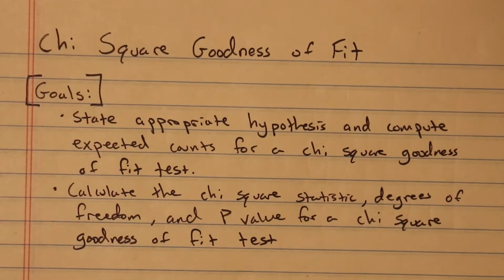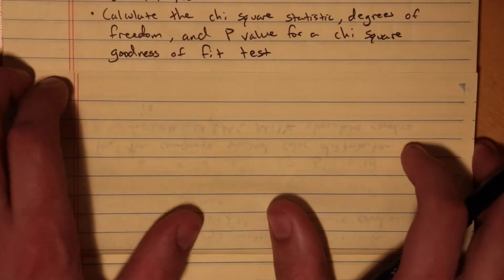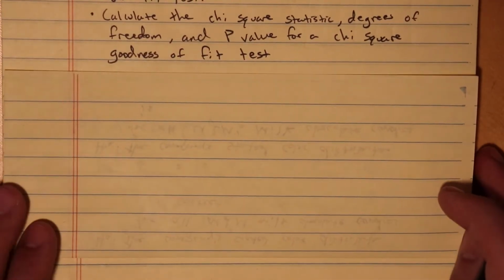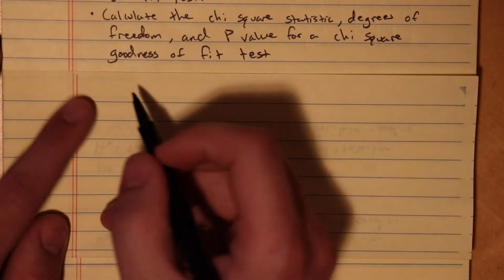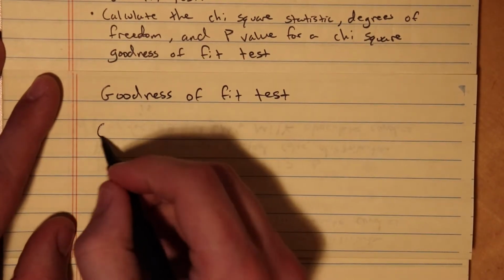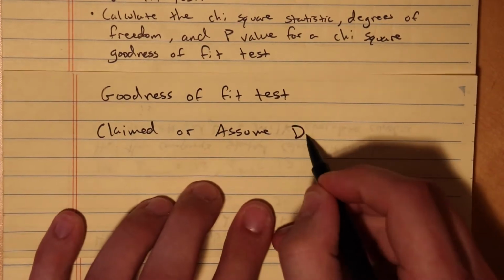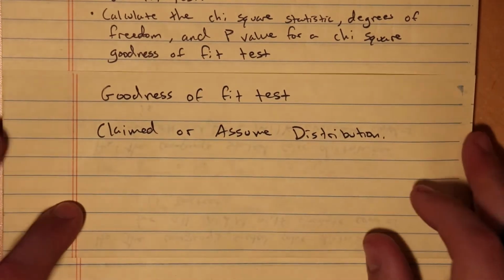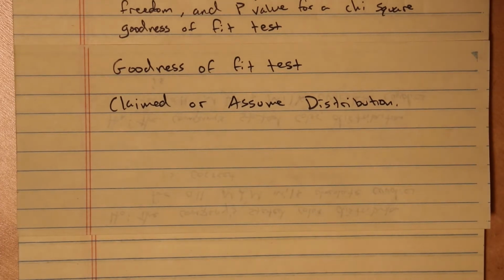In the M&M example that we did today in class, there is some sort of claimed or assumed distribution. With the goodness of fit test, there's always some sort of claimed or assumed distribution by either a company or some other circumstances.